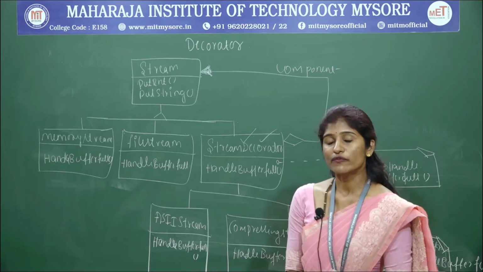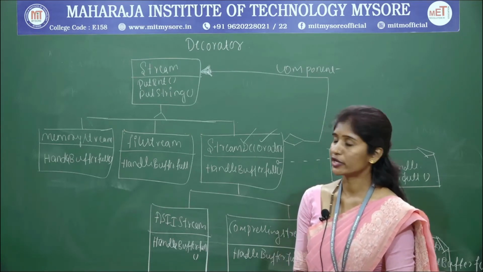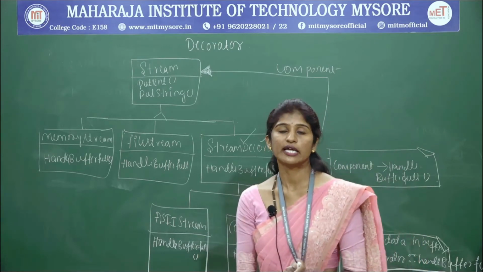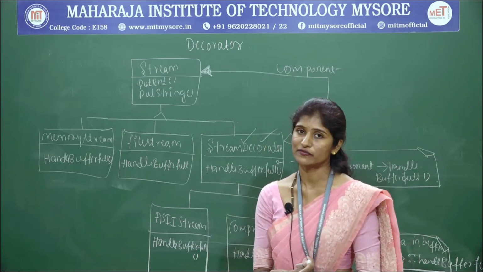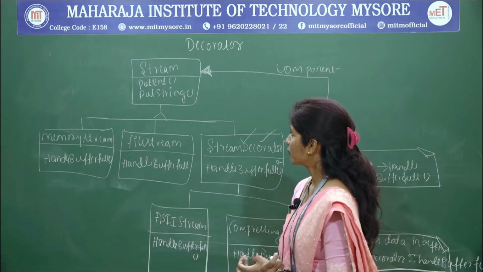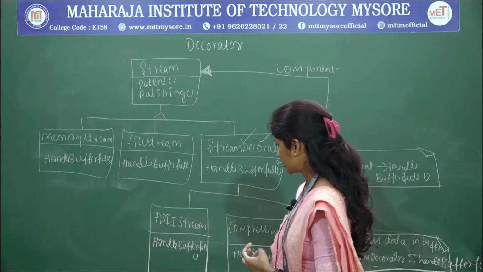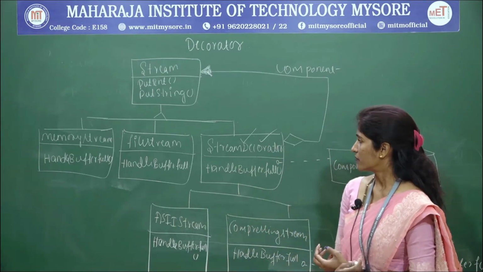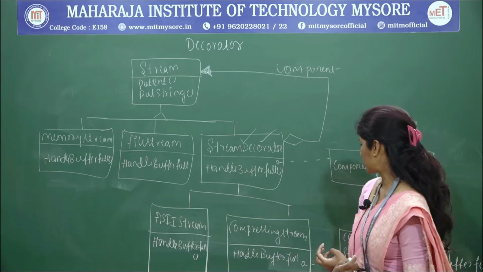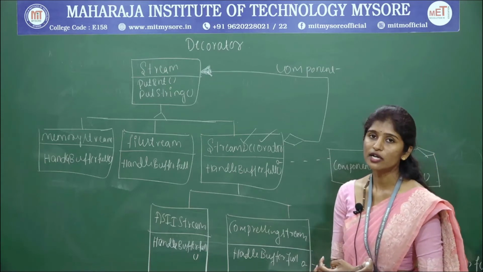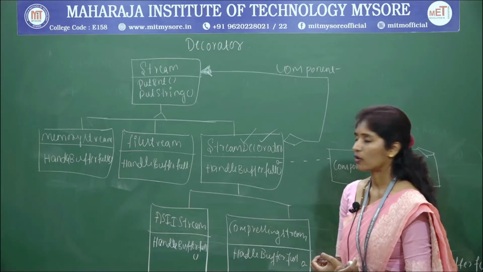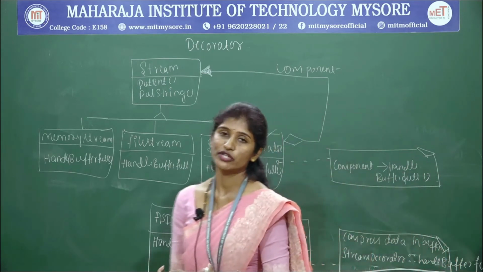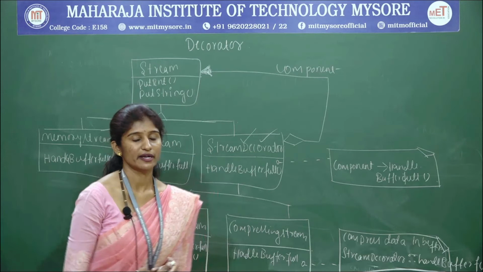When the buffer is filled, you are going to use this mechanism. So some of the operations can be implemented when the buffer is filled. The same default operations will be carried to all of the components here, that is ASCII files, then a stream decorator, compressing stream and so on. So the default operation is the same for all the classes. So these are the known uses of the decorator design pattern.